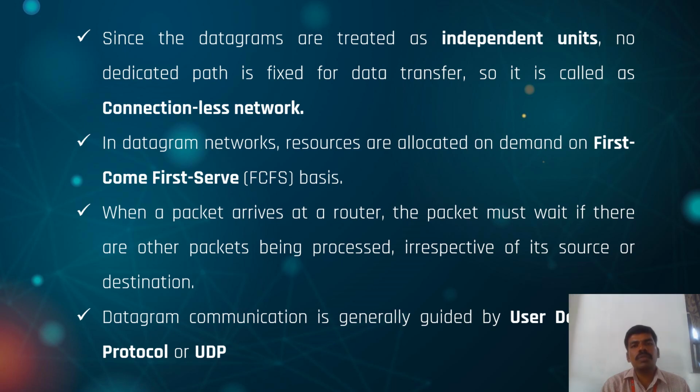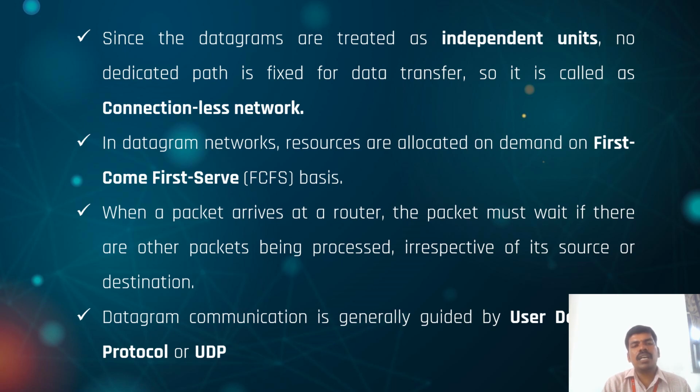Since the datagrams are treated as independent units, no dedicated path is fixed for data transfer, so it is called a connectionless network. In datagram networks, resources are allocated on demand on a first come first served, FCFS, basis.